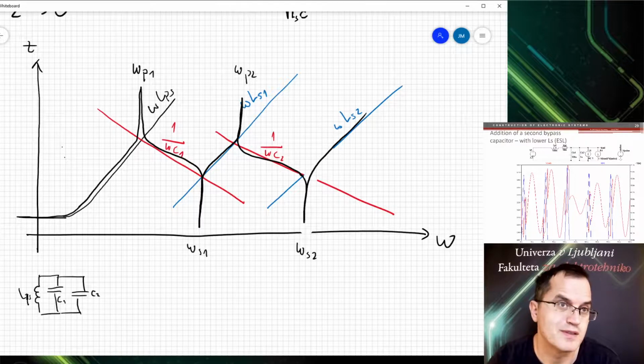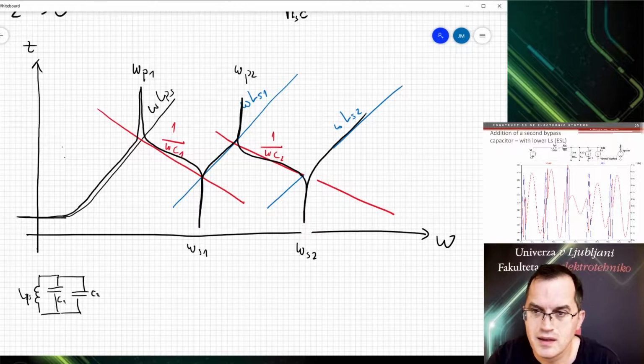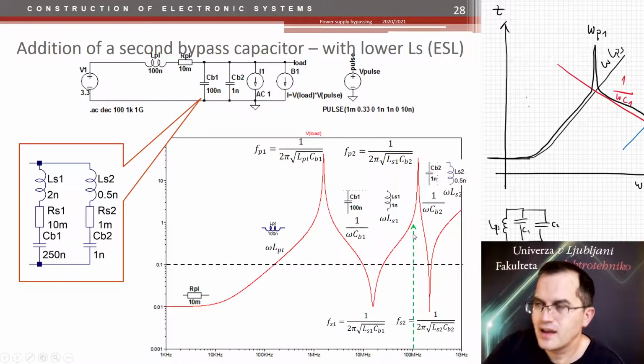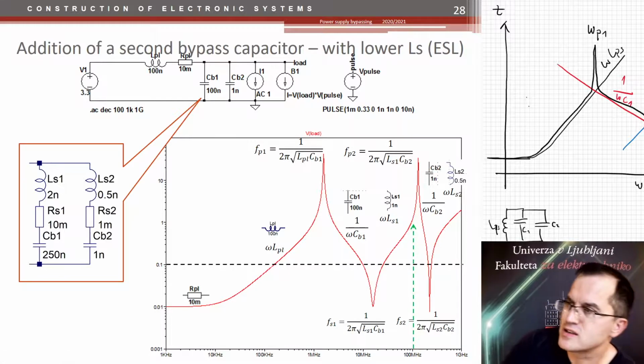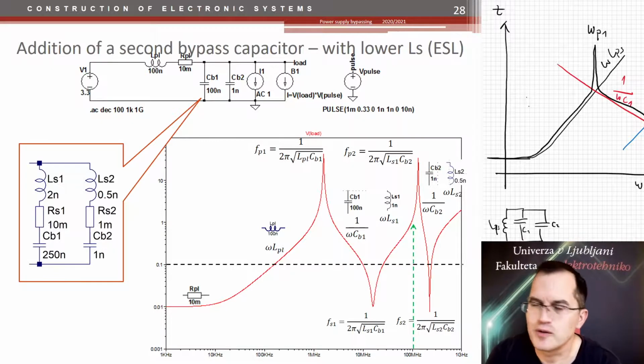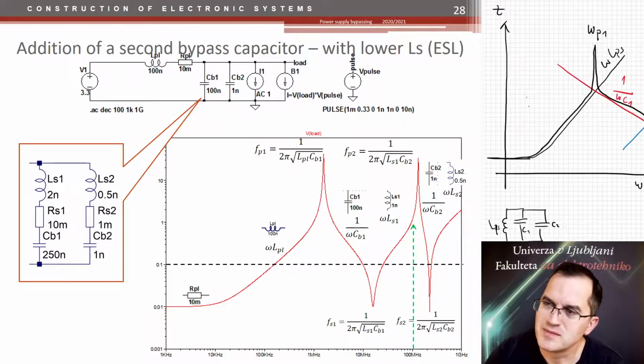A lot of problems. So that's the picture. And the second capacitor was chosen so unwisely, so unfortunately, that the resonance actually corresponded to the 100 megahertz frequency, which means that it had more impedance there.